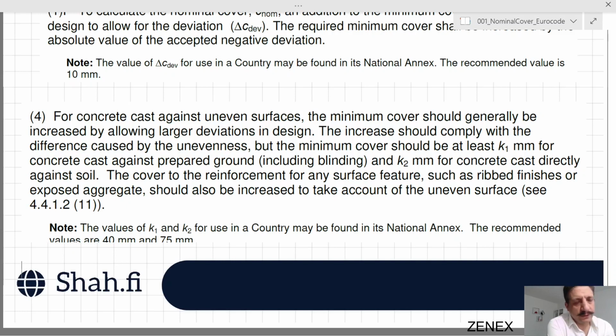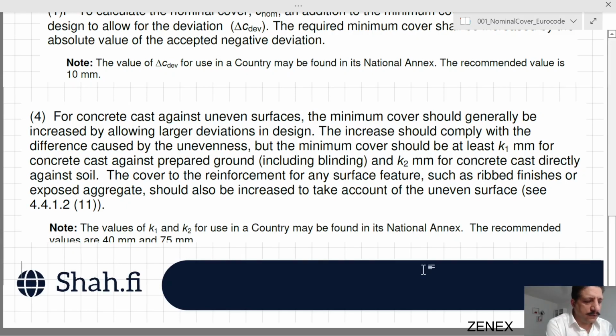If you have a prepared ground, then K1, which is recommended to be 40 millimeter, is the minimum, including blinding. And K2 millimeter for concrete cast directly against the soil. If you do not have a prepared ground, then it is against the soil. Then you need to have the minimum K2 millimeter, which is 75 millimeter. So that's something we need to consider.